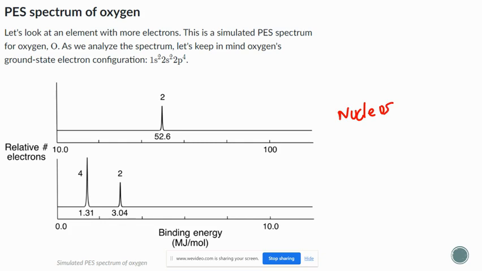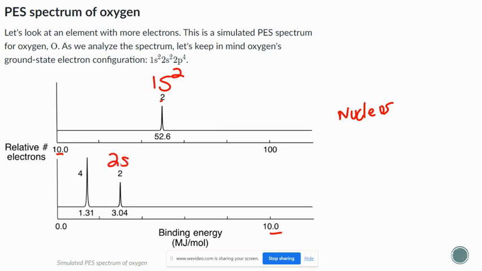Okay, so now I'm going to start from my nucleus and I'm going to start labeling the tops of these peaks. So this is going to be my 1s, and I have 2 electrons. Then I drop down with my x-axis, and I keep moving out from my nucleus.